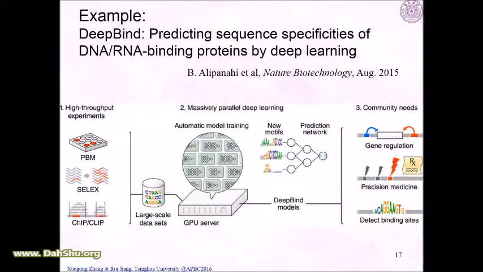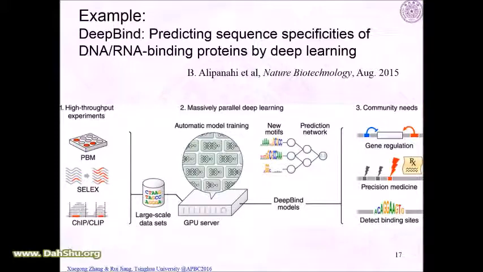They collected all of them as the training data, built a large-scale data set, and they built a CNN model. Because the data is huge, they use the GPU to train the model.